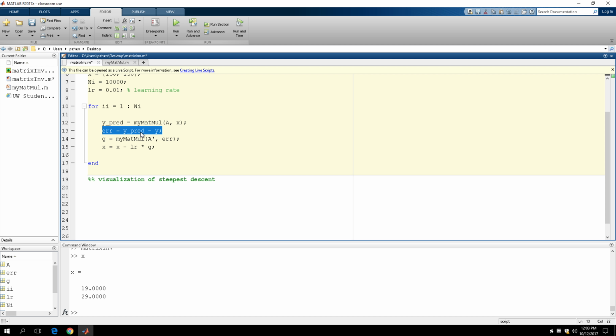That's the predicted y value and the actual y value, and then we come up with an error vector, right? So let's try to actually visualize how the length of this error vector varies with the assumed number of dogs and the assumed number of chickens.